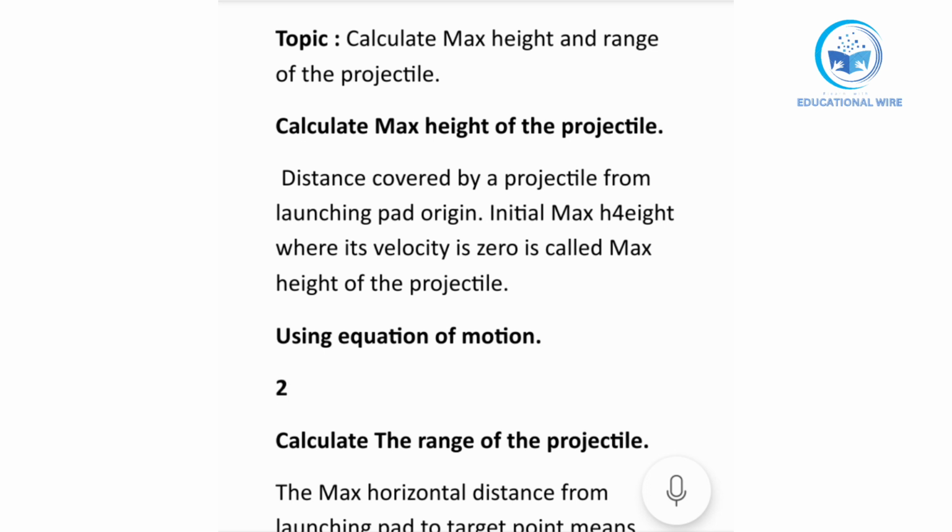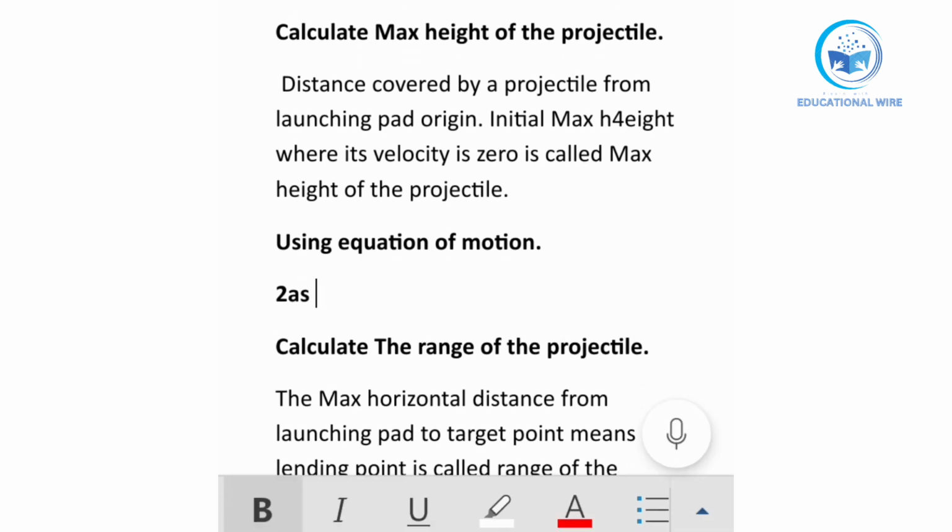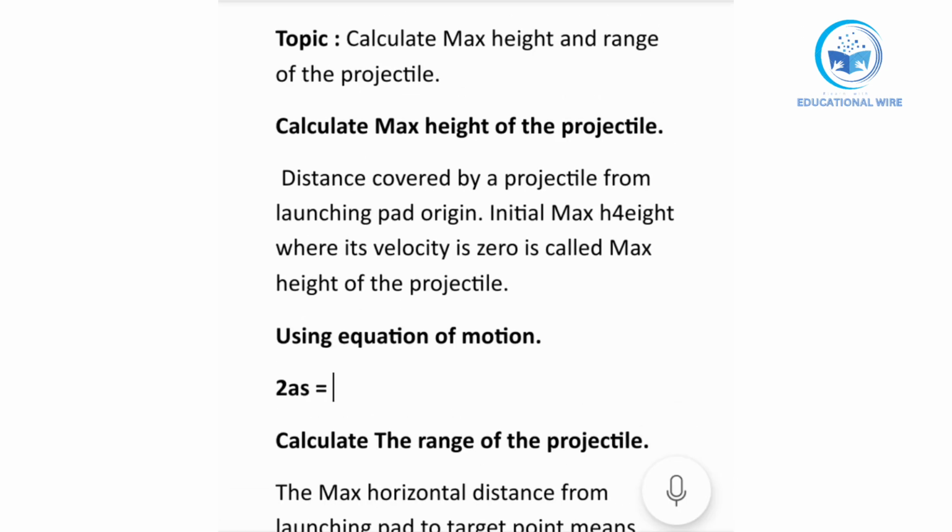The second equation of motion is 2as = vf square minus vi square.